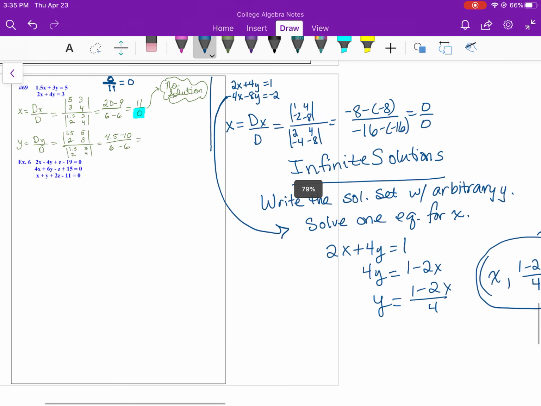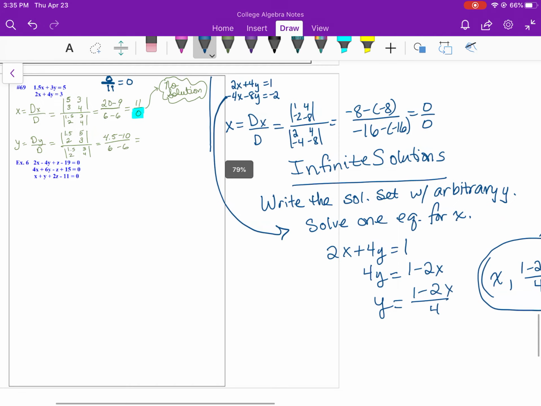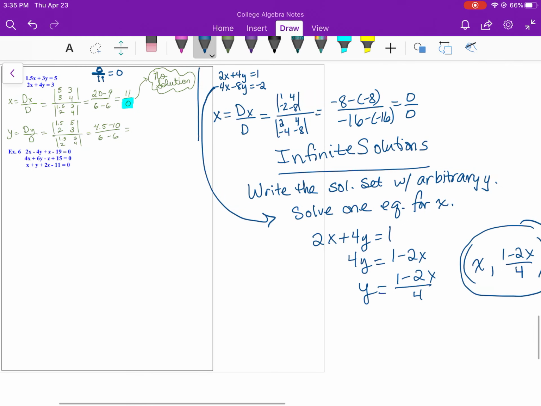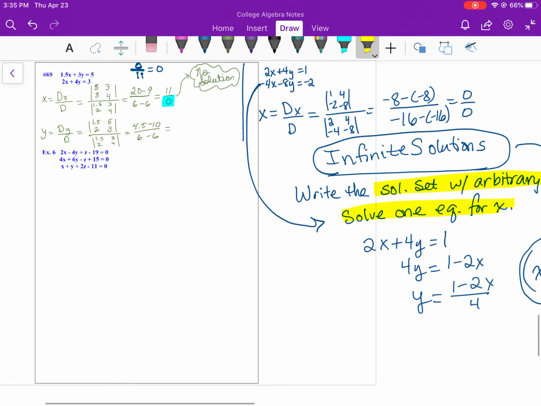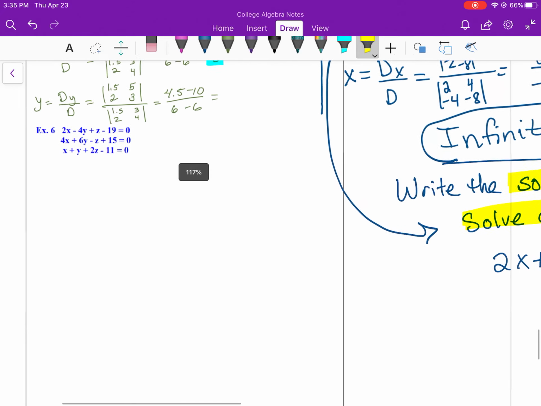Okay, so watch for those in your homework. There will be some with no solution. There might be some with infinite solutions. And when there's infinite solutions, we're going to make a solution set with an arbitrary y, which means you solve one equation for x.